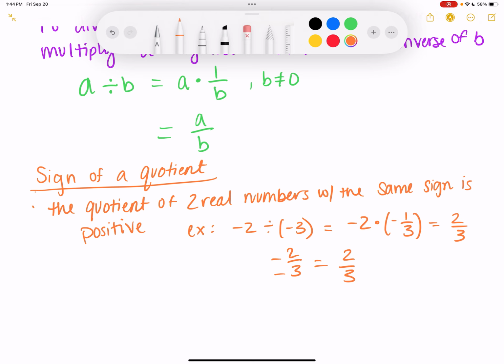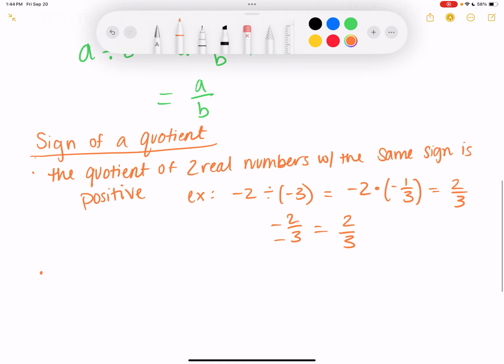But if it was something like where the 3 was a 4, so it was 2 over 4, you should reduce it to 1/2. So we should always reduce fractions as far as possible. Part of this section will be reducing bigger fractions and stuff like that too. So that's if they have the same sign, it's positive.